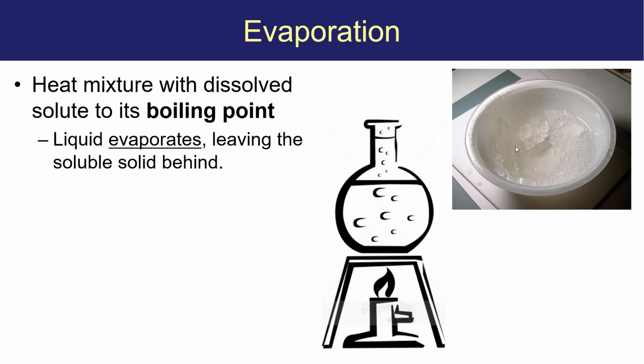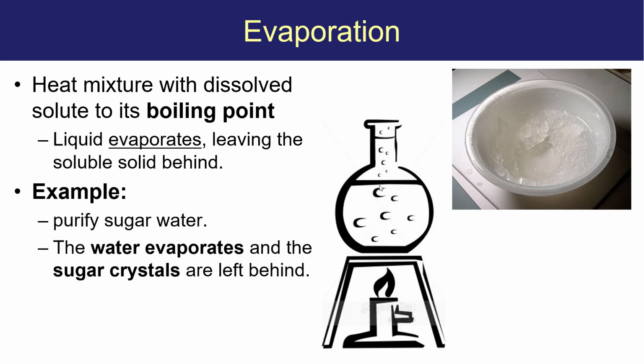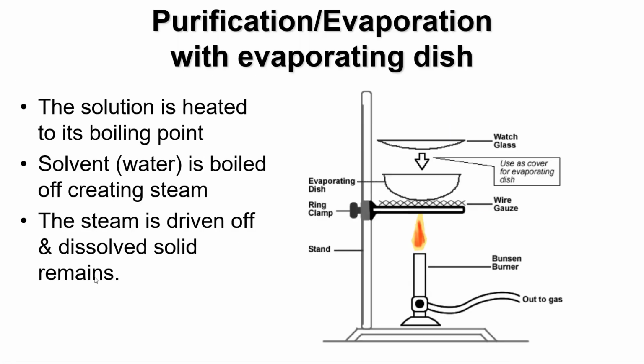However, you can't really fit a lot of your solution in an evaporating dish. So if you're dealing with large amounts, you usually have to use a larger piece of laboratory glassware. In this case, we basically put that on top of a Bunsen burner on a ring stand, and the water evaporated, and our sugar crystals, which we couldn't filter out in our previous couple of slides, get left behind.